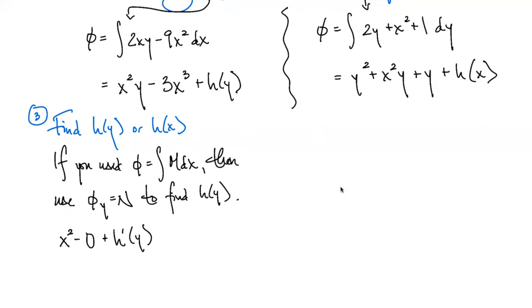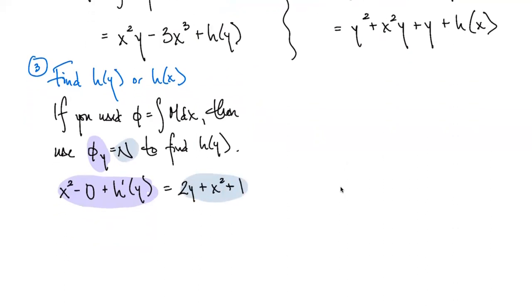So our phi sub y is our partial of what we found above with respect to y. And we're going to set that equal to whatever n was in our original equation. And our n was 2y plus x squared plus 1. Now we have a little equation, and we're going to be able to isolate h prime of y.